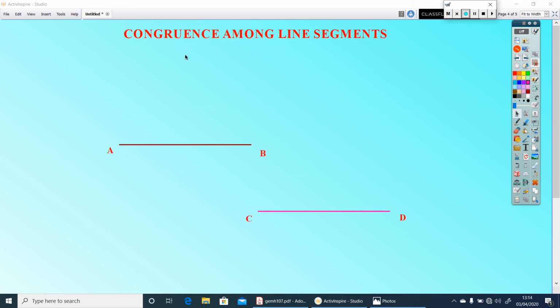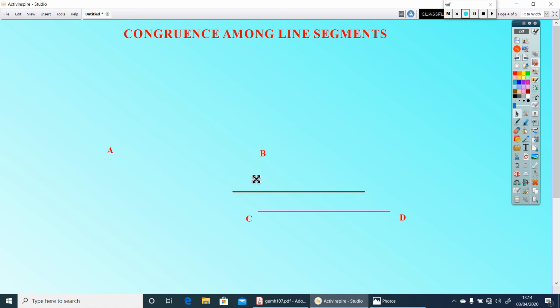Now let us check the congruence among line segments. Here are a pair of line segments. Now to check whether they are congruent or not, we can use the superposition method. Take a trace copy of line segment AB.